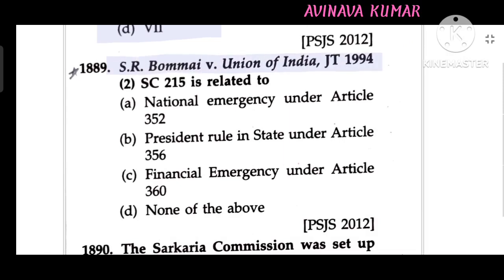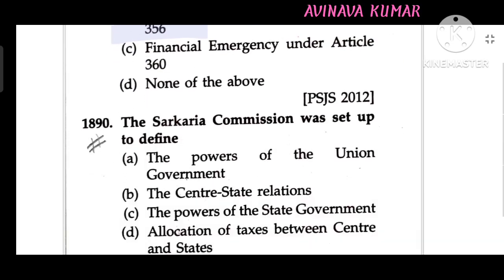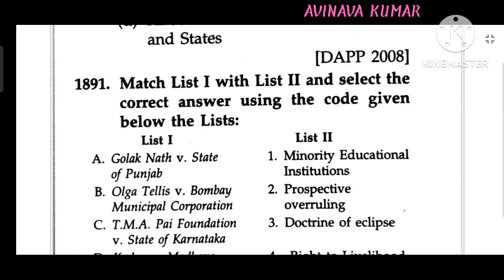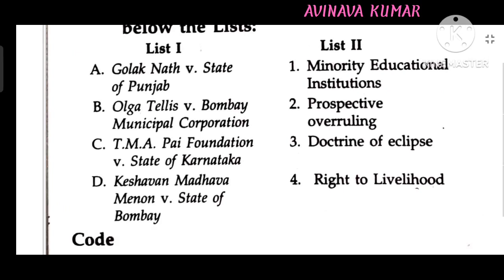S.R. Bommai versus Union of India is related to President's rule in a state under Article 356. The Sarkaria Commission was set up to define central-state relations.